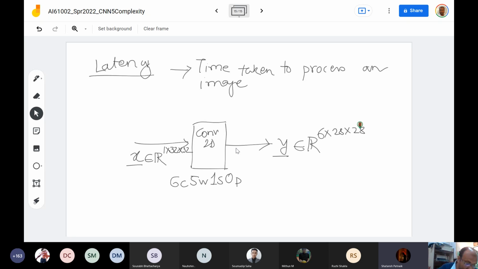Okay, now the point is, how much time do you take to process an image over here?